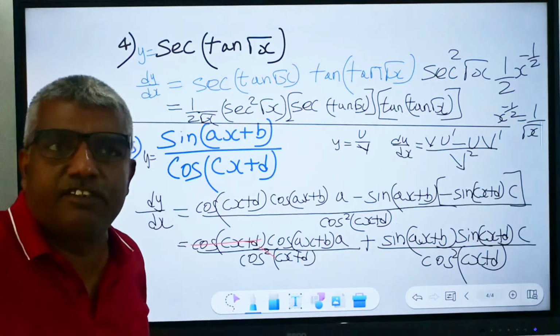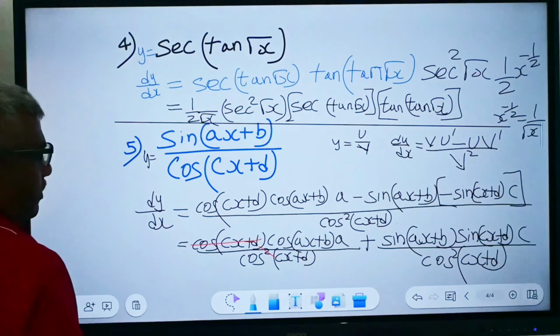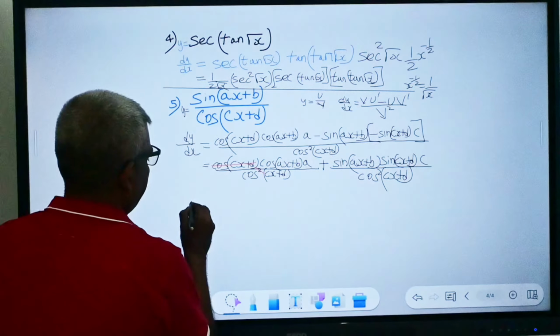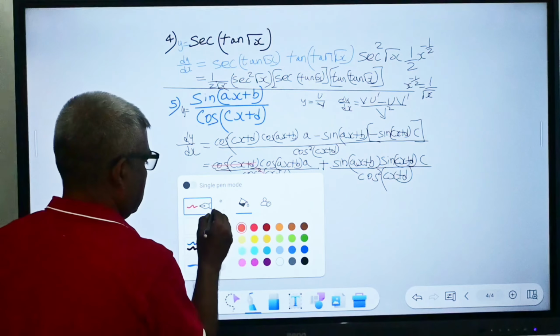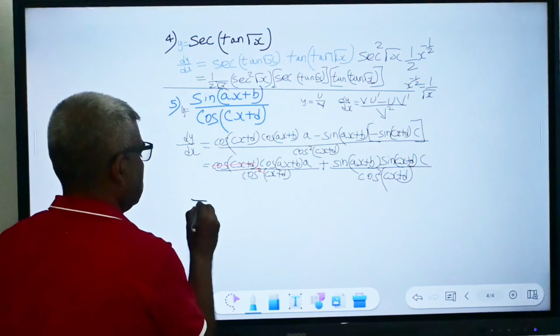Cos ax plus b times a divided by cos cx plus d. Okay, copy down until now. So what will happen? Cos ax plus b times a over cos cx plus d.